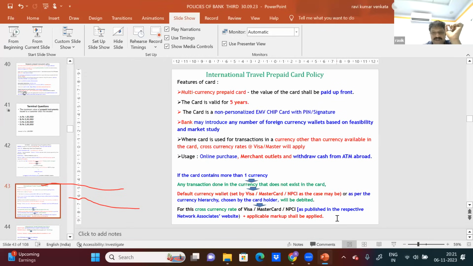It will apply the currency based on the setup by Master, NPCI, or the customer's hierarchy. If the customer does not choose, it will be Visa or Master's default. If the customer puts dollar first, it will take dollar, and the dollar will be cross-converted to that particular country's currency, and applicable charges will be applied. This is how it will go.